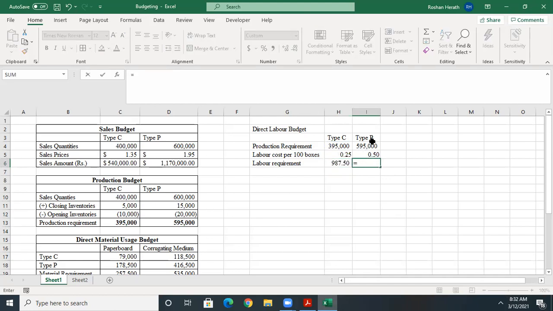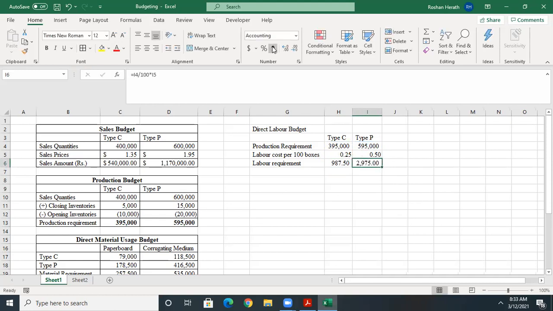Here it comes to labor requirement. It's 595,000 multiplied by 0.5. Sorry, first you need to divide it by 100, then only multiply by 0.5. It's 2,975. So this is the labor requirement.